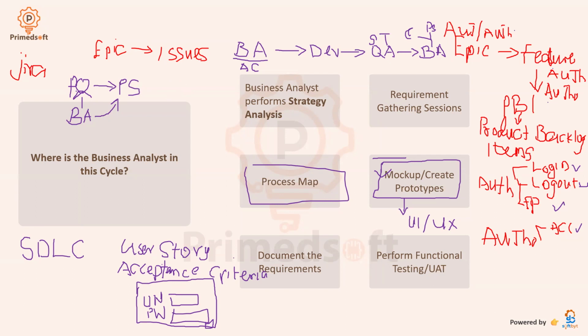Now, the project sponsor is an external stakeholder. The product owner is an internal stakeholder who acts on behalf of this person inside the company, ensuring that everything this external person says is implemented.